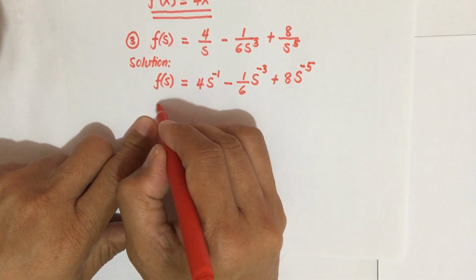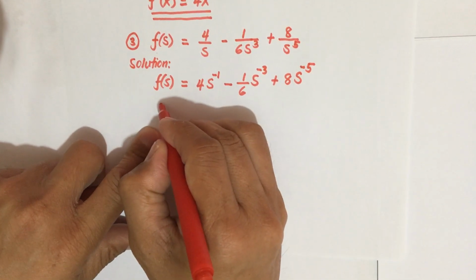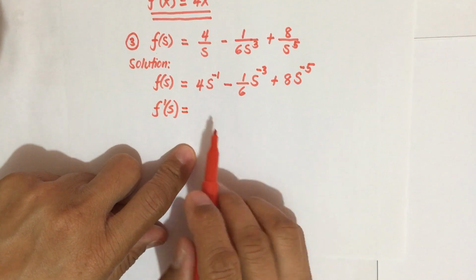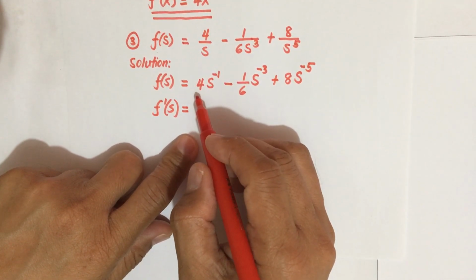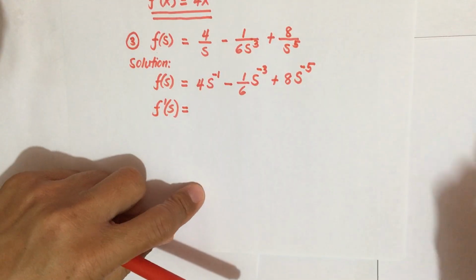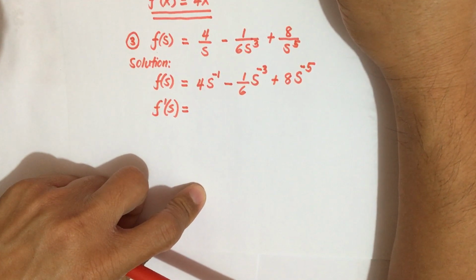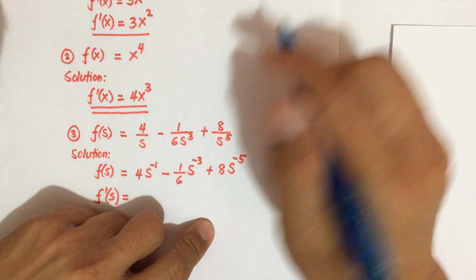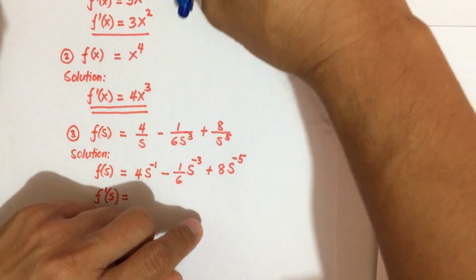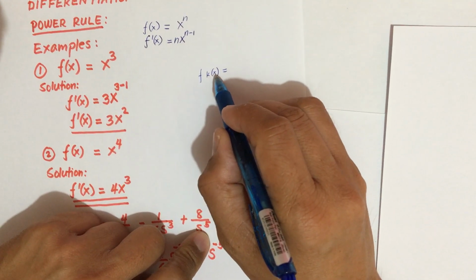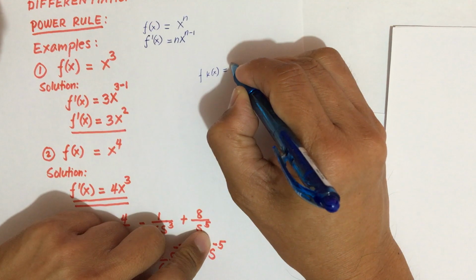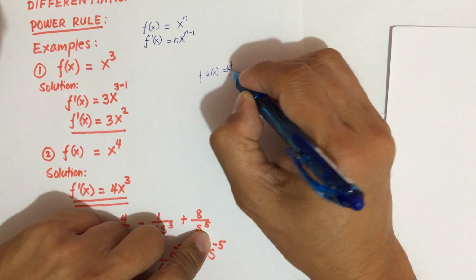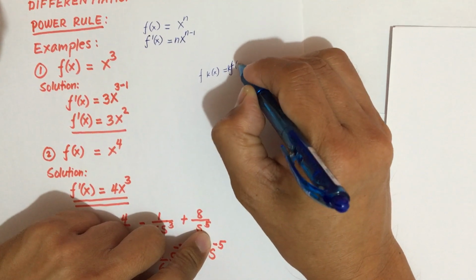Now finding the derivative of this function, we have f prime of s, so we have to differentiate individually. We also have a rule that if you are given a function of k times x, this is equivalent to k times a function of x.